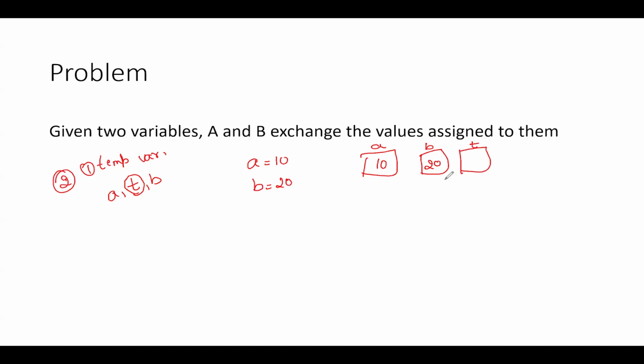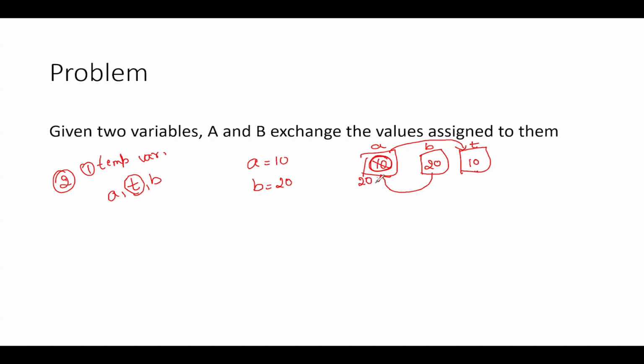Now, instead of directly using these two, first I will store the value of A over here in temp. Now I have a duplicate value of A already stored away somewhere. So the first step is done. Now I can easily say A is equal to B. Even though A is overwritten, it is fine because I have saved its value in temp.